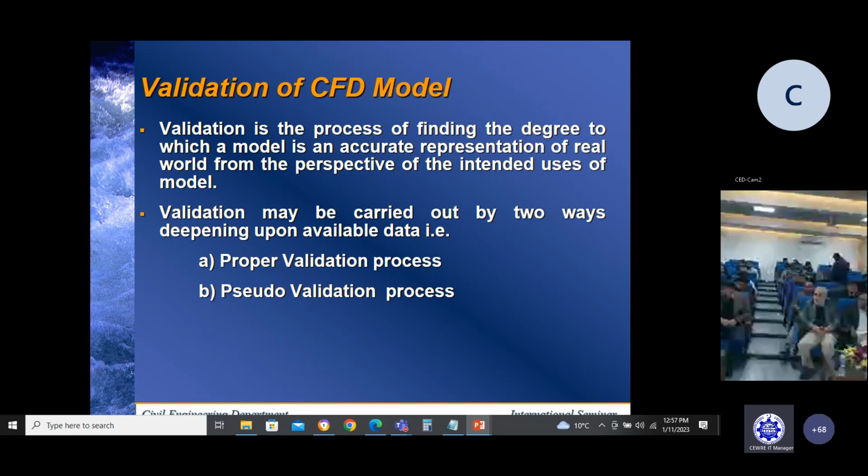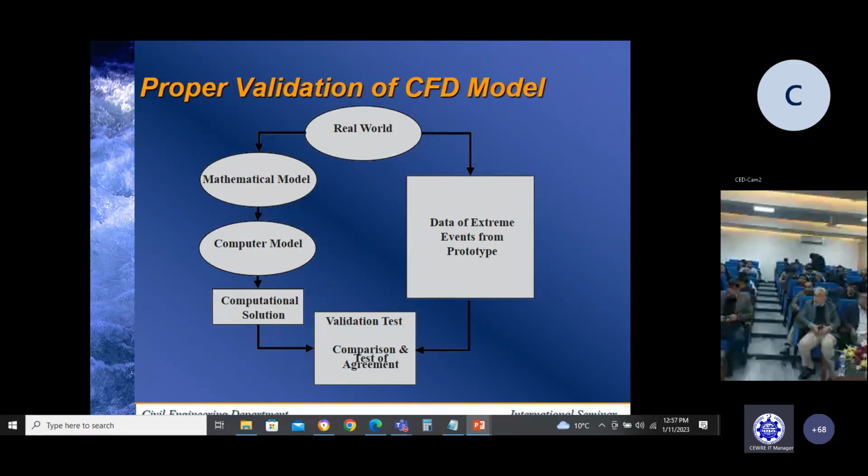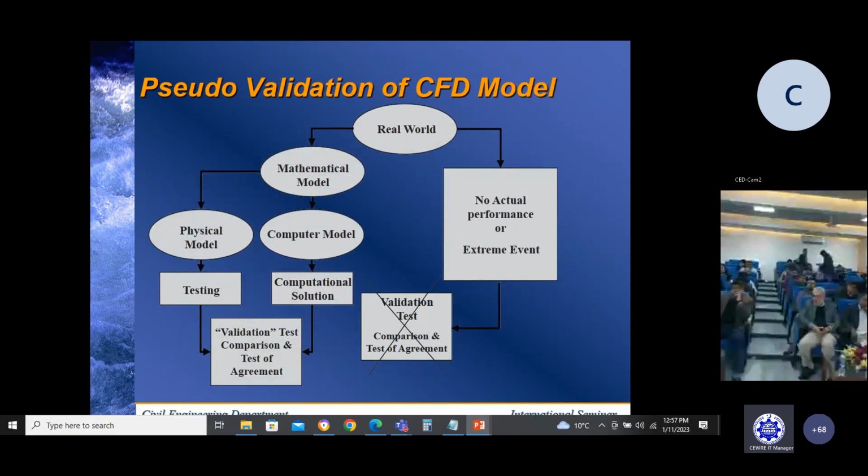Validation of the CFD model can be done by two processes, the proper validation process and the pseudo validation process. The proper validation process uses the prototype data to validate the model results. The pseudo validation uses the physical model study data in order to validate our CFD model.